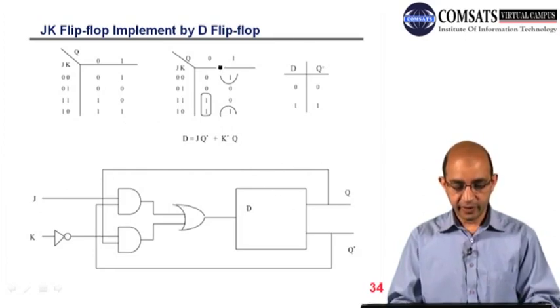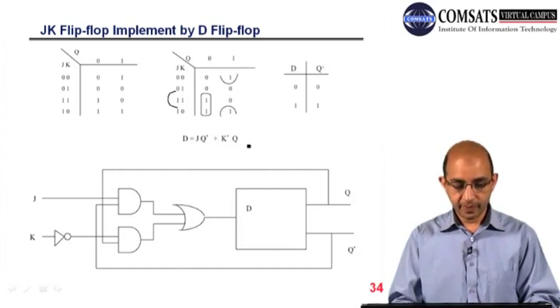So if I construct the K map, you can see we have JK and Q here. This is the same stuff we know very well. We start 0, 0, 0, 1, 1, 1, 1, 0. You can see that there is a jump here, from here to here we have 0, 1, 1, 0, 1, 1. So this is 0, 1, this is Q.